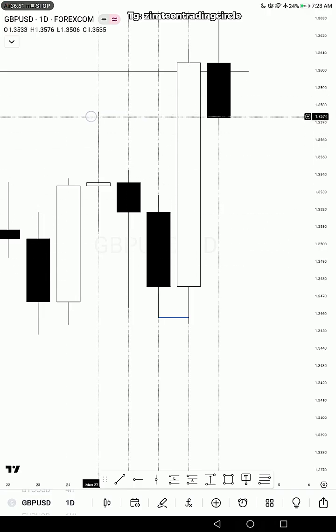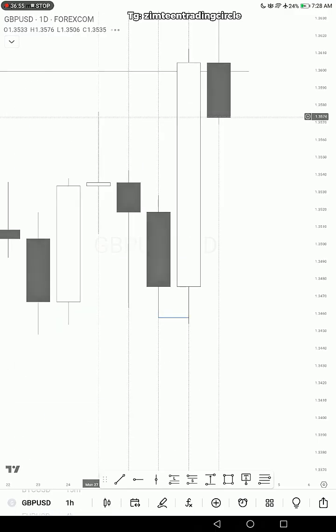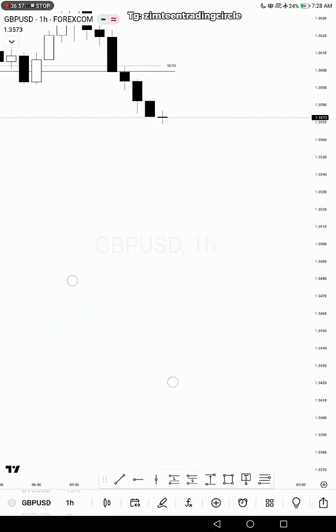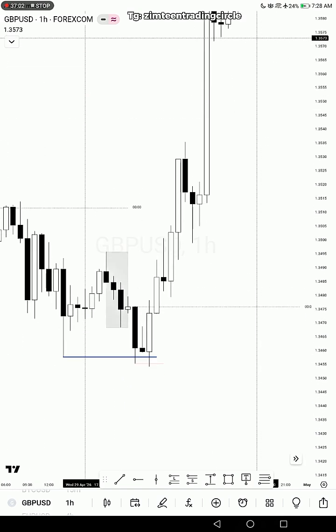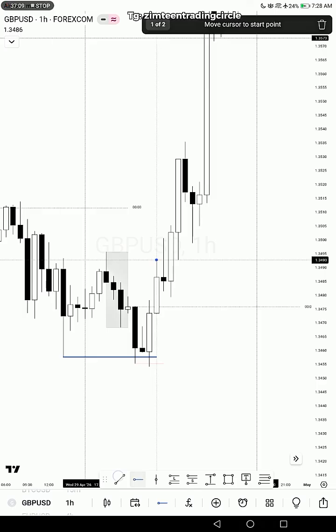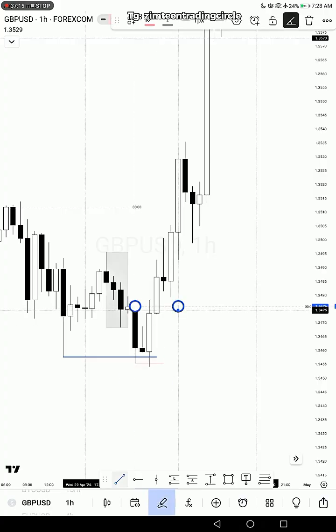Back to the 1 hour time frame. Liquidity sweep, order block. This is our 1 hour order block right here, which if you go to the 5 minute time frame, you can see some kind of micro order block at this liquidity sweep.